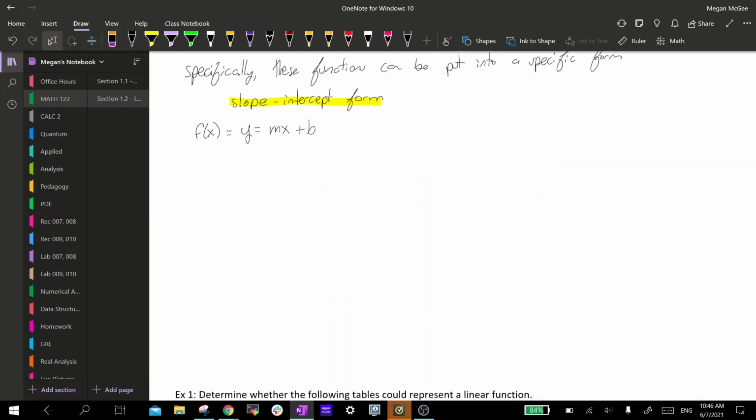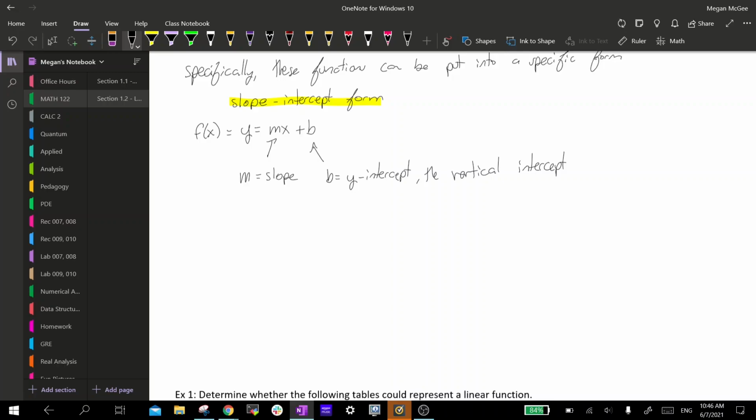Okay, so in our slope-intercept form, we need our slope and our intercept. So m is our slope, and b is the y-intercept, or the vertical intercept.